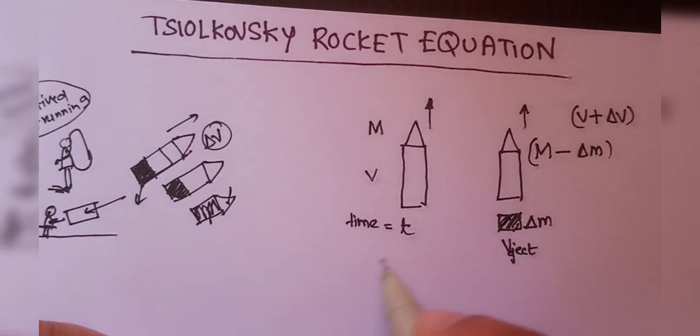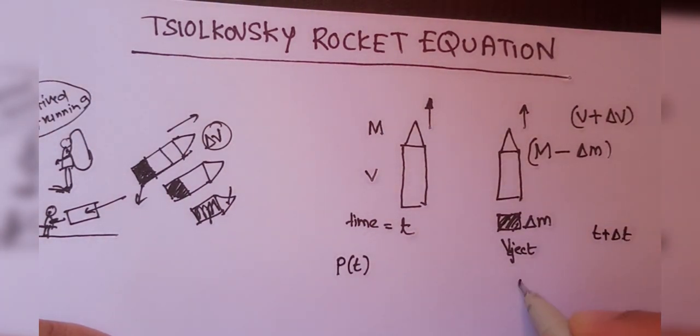So we can say that the initial momentum experienced by this rocket, for the time t, is p of t, and the momentum at time t plus delta t can be represented as p of t plus delta t.